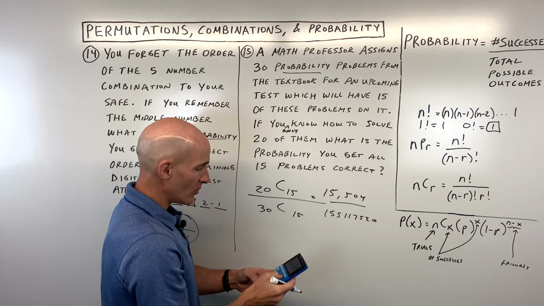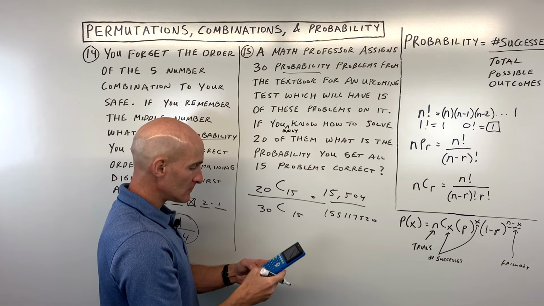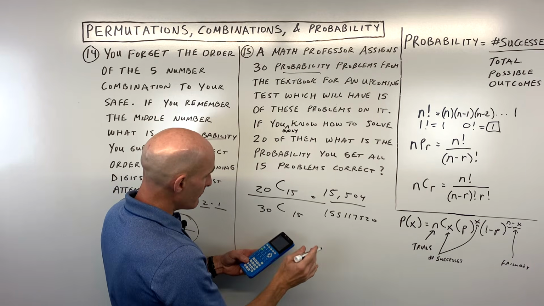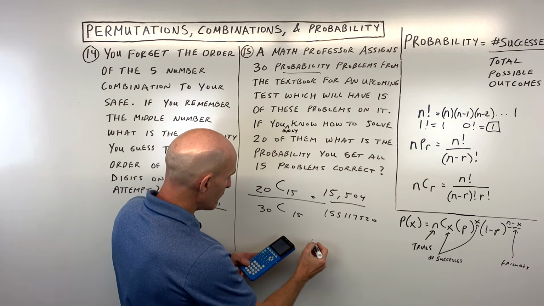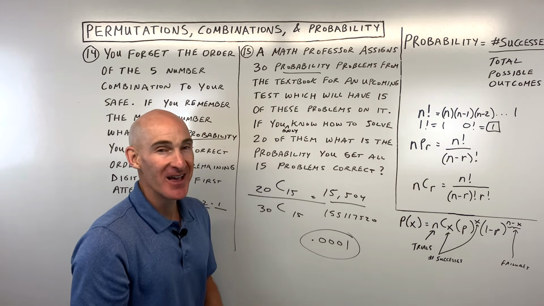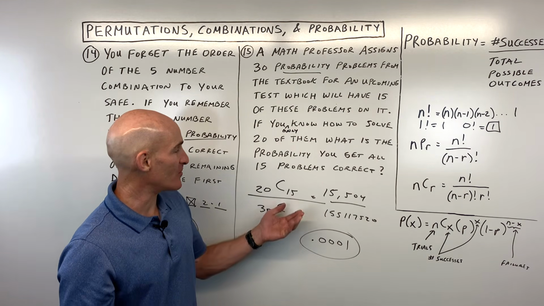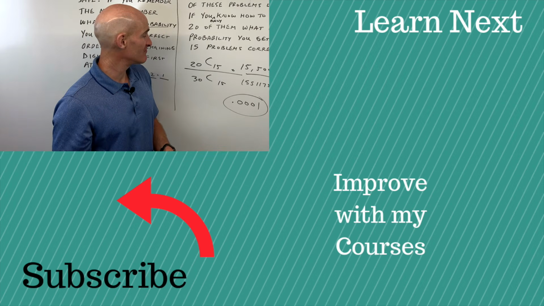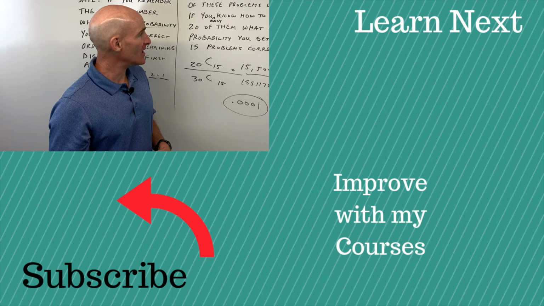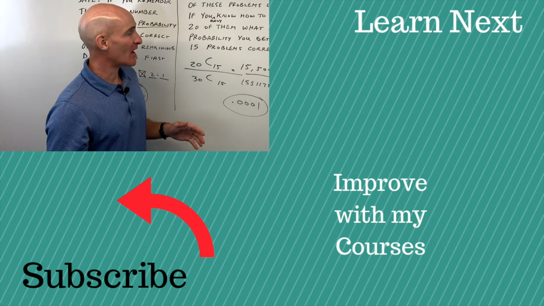And if we divide those, okay, we're getting basically 0.0001. Okay, so it's a very slim chance that you're going to get them all right. You might get some of them right, but the chances that they pick exactly the ones that you studied and knew, this would be how you do that one.